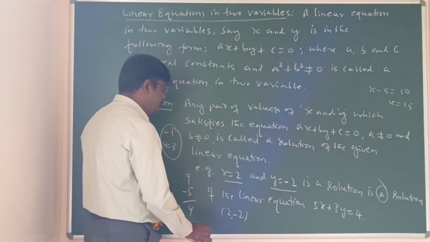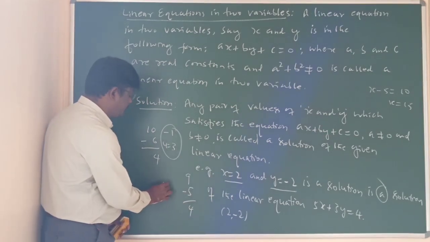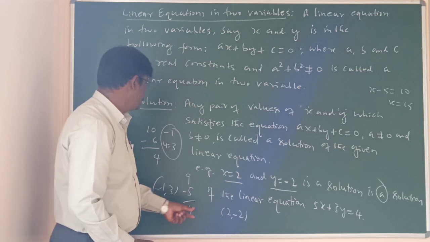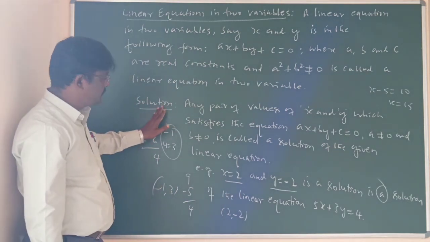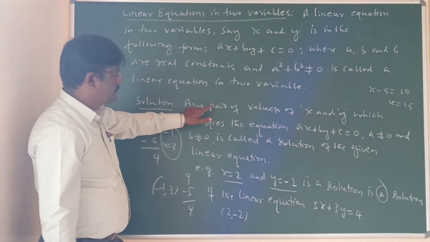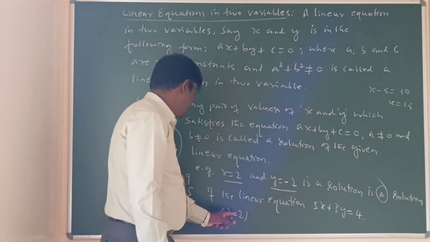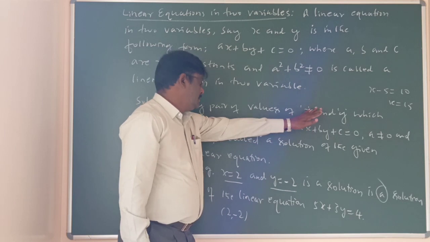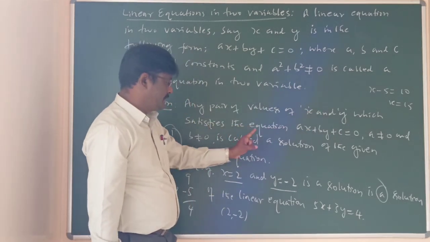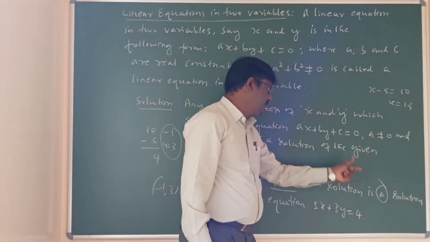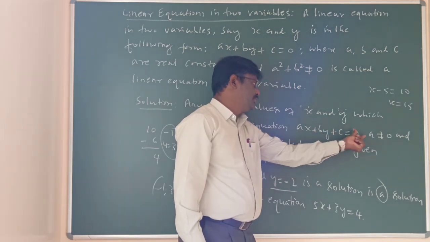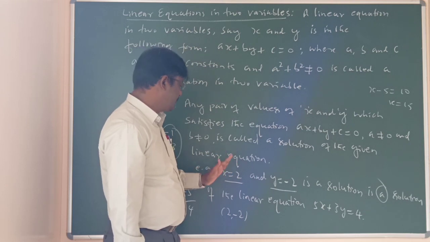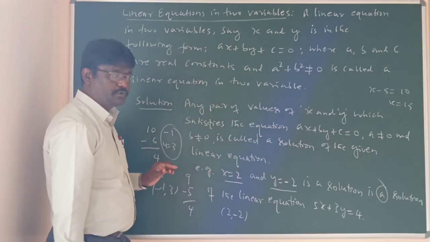So we have one more pair: minus 1, 3. These are called the solutions. Hence, any pair of values of x and y which satisfies, meaning if we substitute we must get 0 on the right side, that pair is our solution.